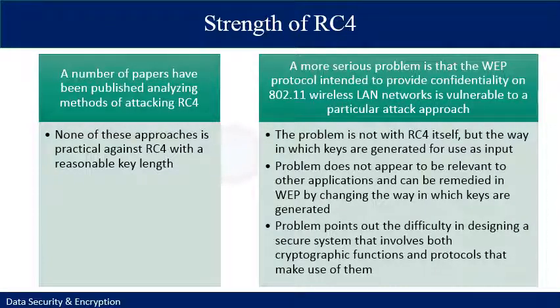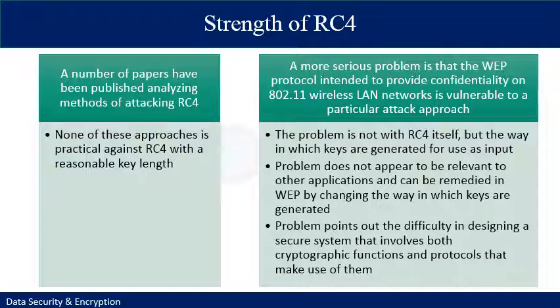There are a number of strengths of the RC4 algorithm, and a number of papers have been published analyzing methods of attacking RC4. However, none of these approaches are practical against RC4 with a reasonable key length.